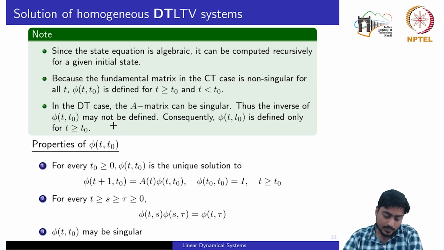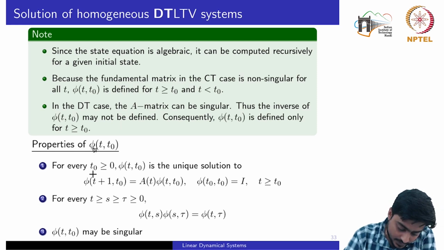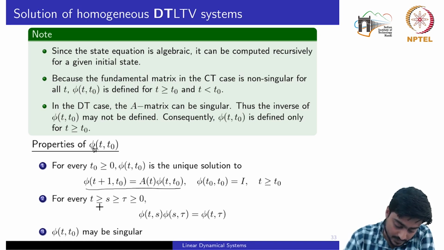So there are a couple of other properties of the transition matrix in the discrete time. For every t greater than or equal to t naught, we know that the unique solution is given by this equation, similar to what we had seen in the continuous time, where phi t naught comma t naught is equal to I for all t greater than or equal to t naught.